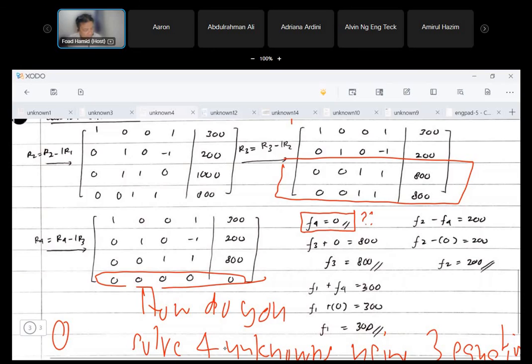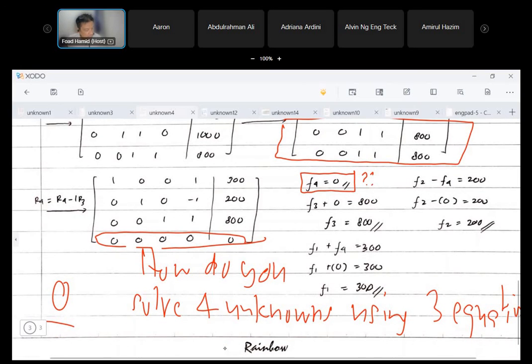Is it because you look at this, F4, 0, F4 equal to 0, and then F4 equal to 0 divided by 0? Can anybody punch in your calculator and see what is the value of 0 divided by 0? Anyone?